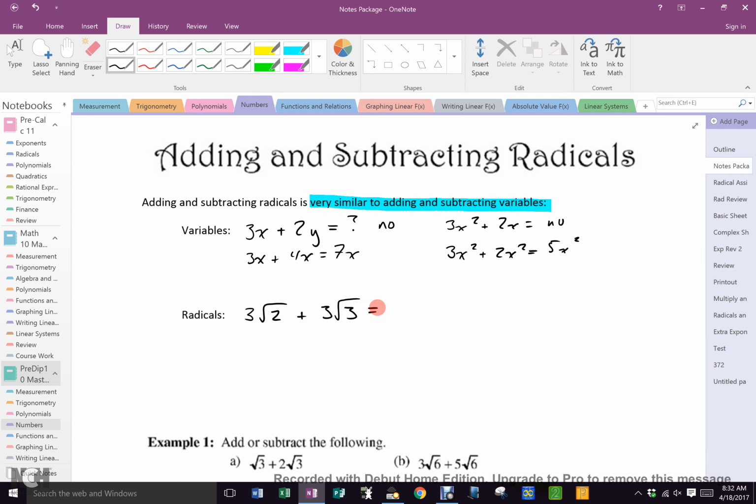How many people think you cannot do that? One hand. I'm going to say this slower. Adding and subtracting radicals is very similar to adding and subtracting variables.